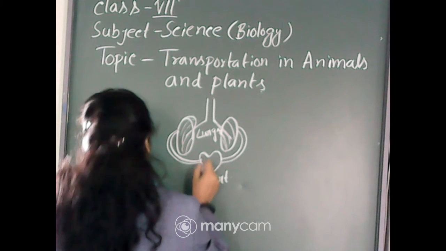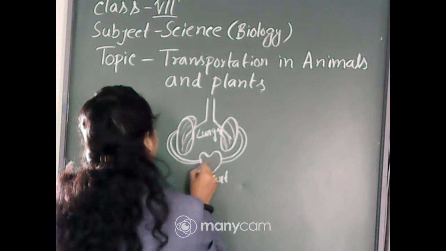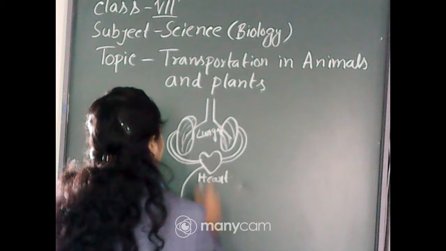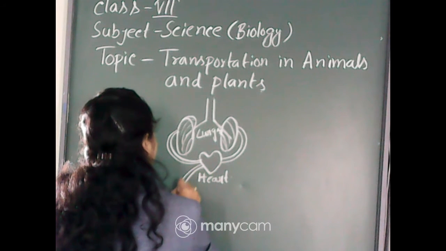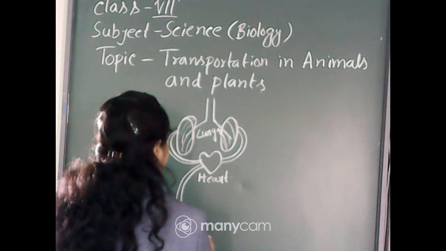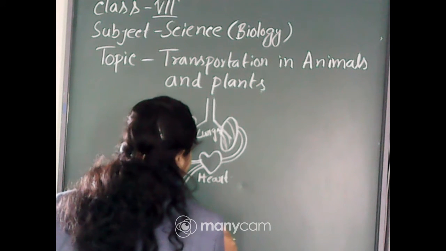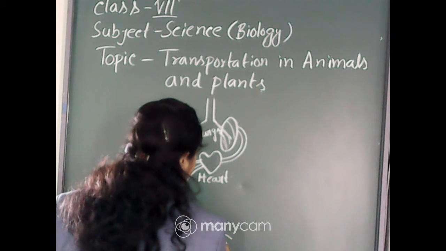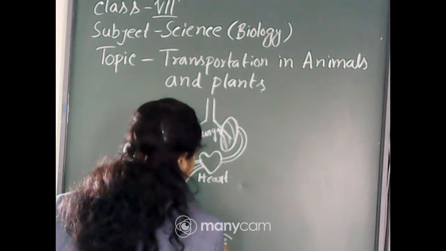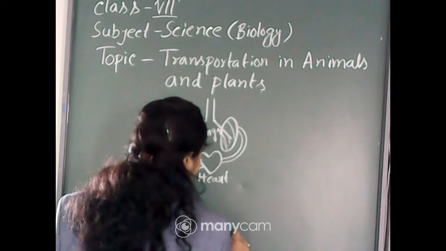Now, from the heart to all parts of the body there is a blood vessel connecting them. The arteries and veins connect each other through capillaries, a network of tube-like structures known as fine, thin capillaries.